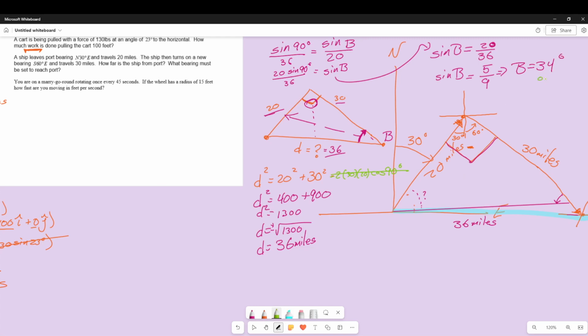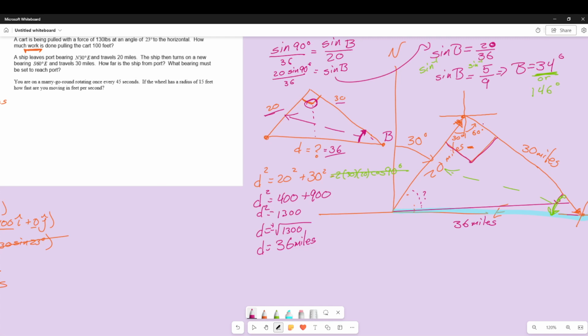And of course, or 146 degrees, because sine inverse, any of the trig inverses, always give us two answers in the first rotation. But it should be clear this cannot be an obtuse angle. If nothing else, it's opposite the shortest side of our triangle, so it's not an obtuse angle, so it has to be the 34, but as I always do, I make sure I consider both possibilities.